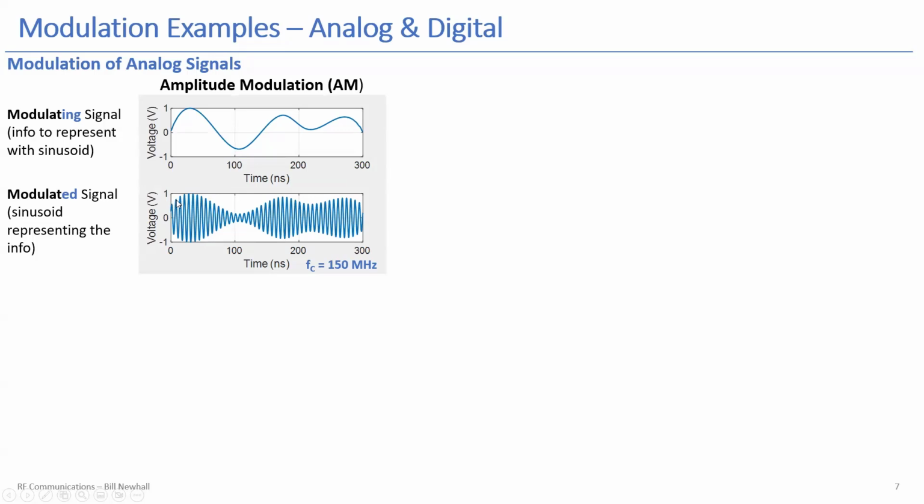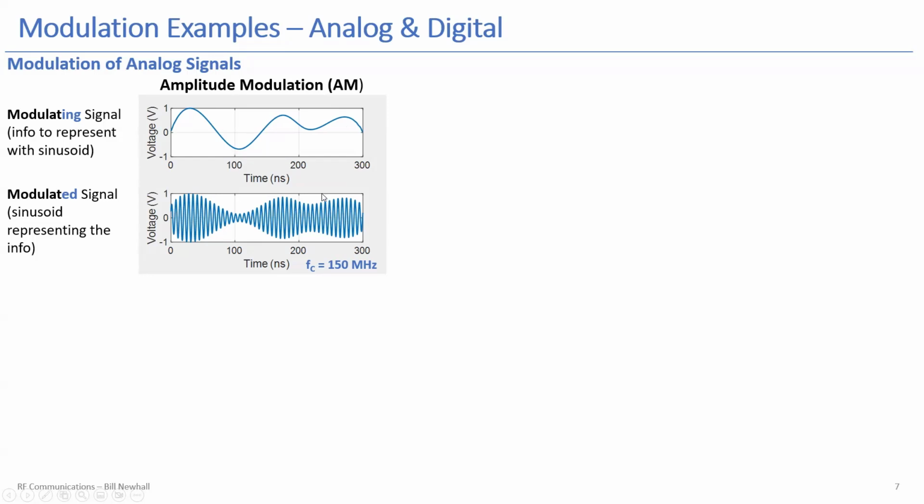For visualization here, I have exaggerated the carrier frequency versus the modulating signal frequency. Ordinarily, if you were looking at an AM information source, an analog source, and you showed this modulating signal on the same time scale as the modulated signal, it'd be hard to visualize the change of the amplitude or change of frequency or change of phase.